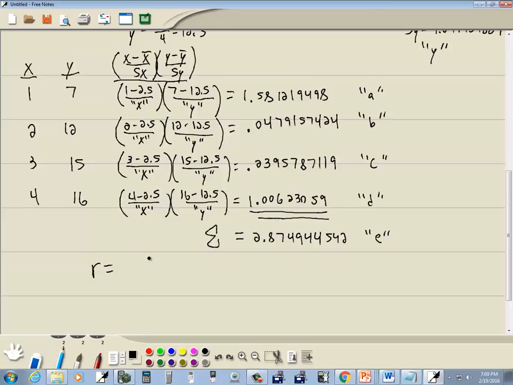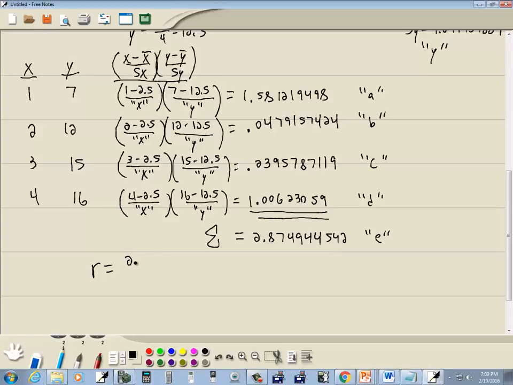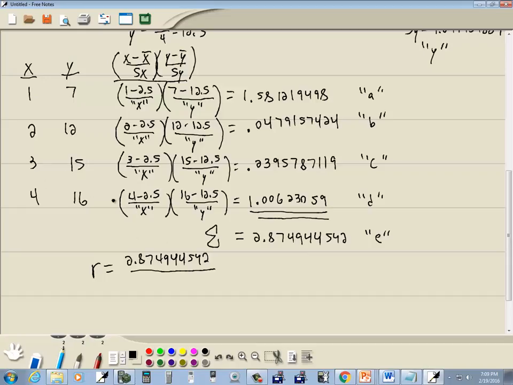So R is going to equal 2.8749444542 divided by n minus 1. N refers to number of pairs you have. There's 4 of them total, so this will be 4 minus 1. So that's going to equal what we stored in E divided by 3.